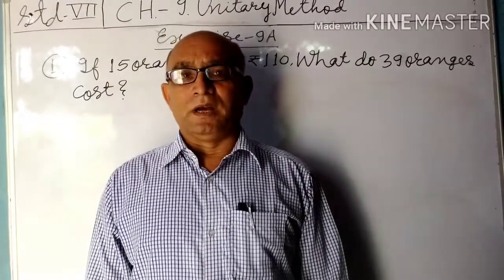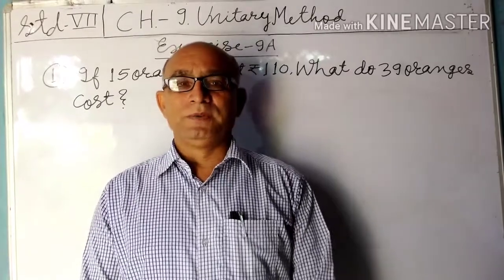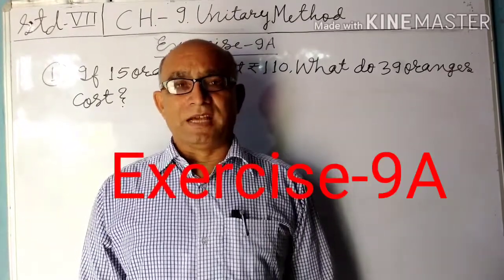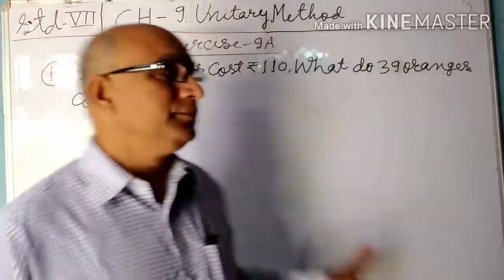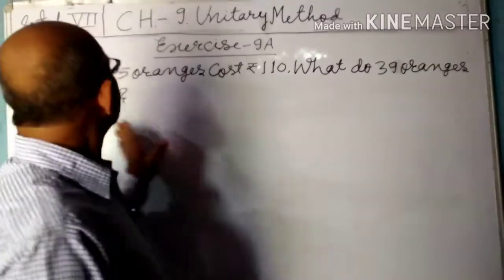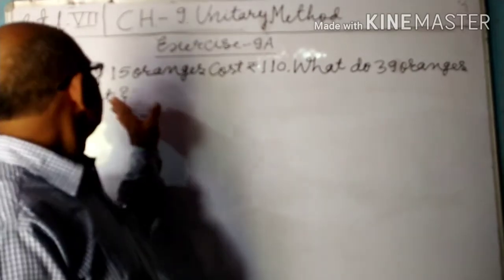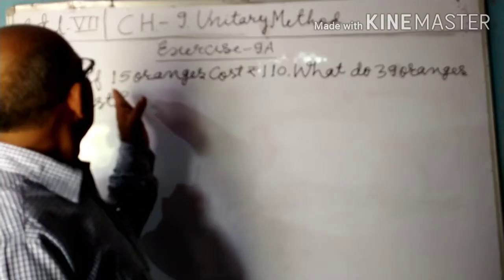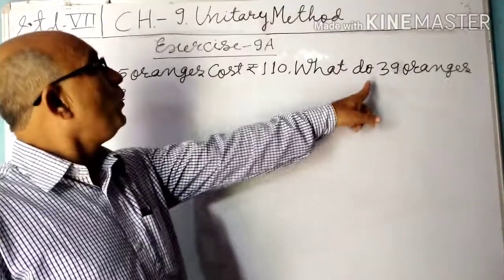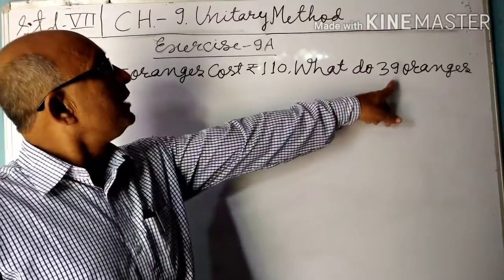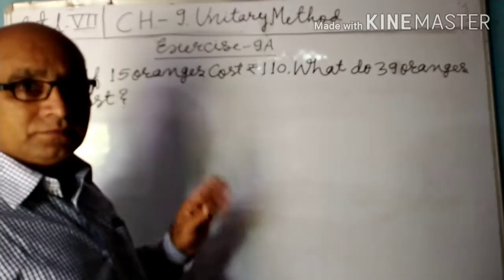Students, now I shall solve exercise 9A according to the unitary method. Question number 1 is written on this board. If 15 oranges cost rupees 110, what do 39 oranges cost?